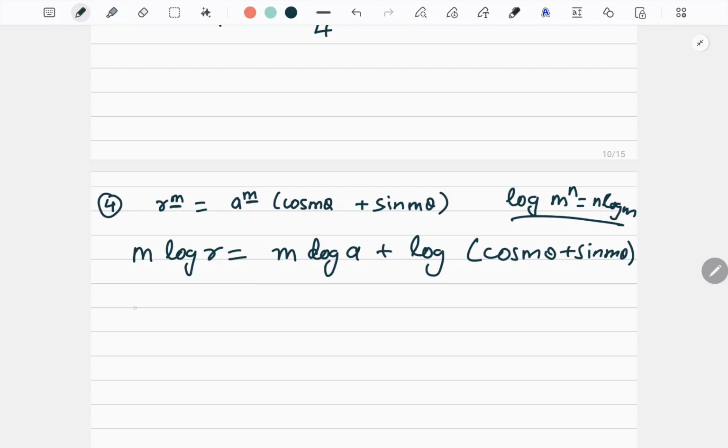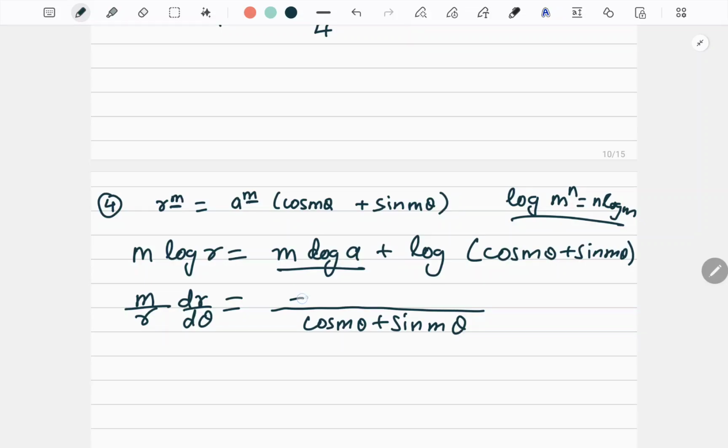Now differentiate. (1 by r) dr by d theta is equal to, this becomes 0, plus (minus m sin m theta plus m cos m theta) upon (cos m theta plus sin m theta). If I observe, m is on both sides in the numerator, so I can cancel that m.